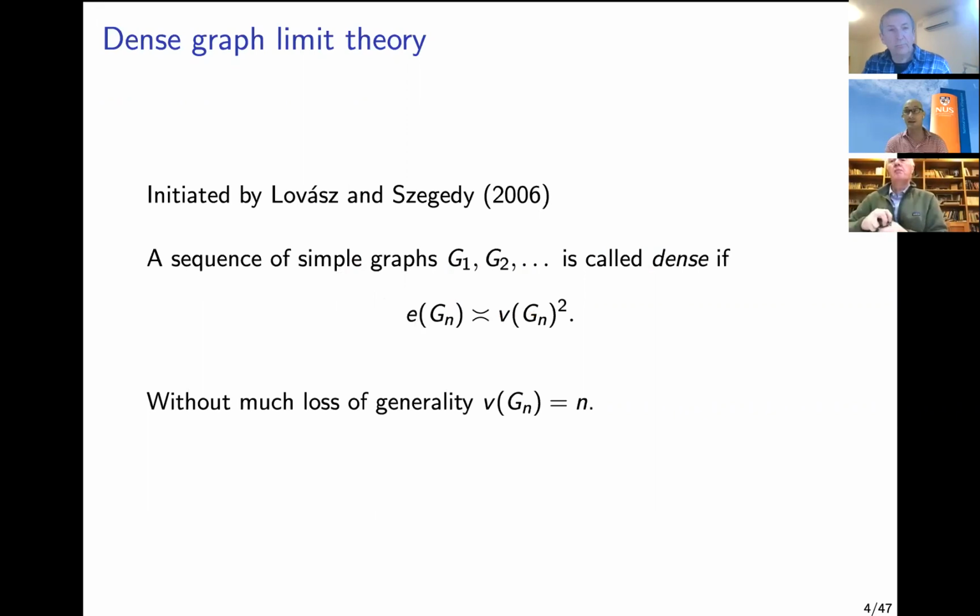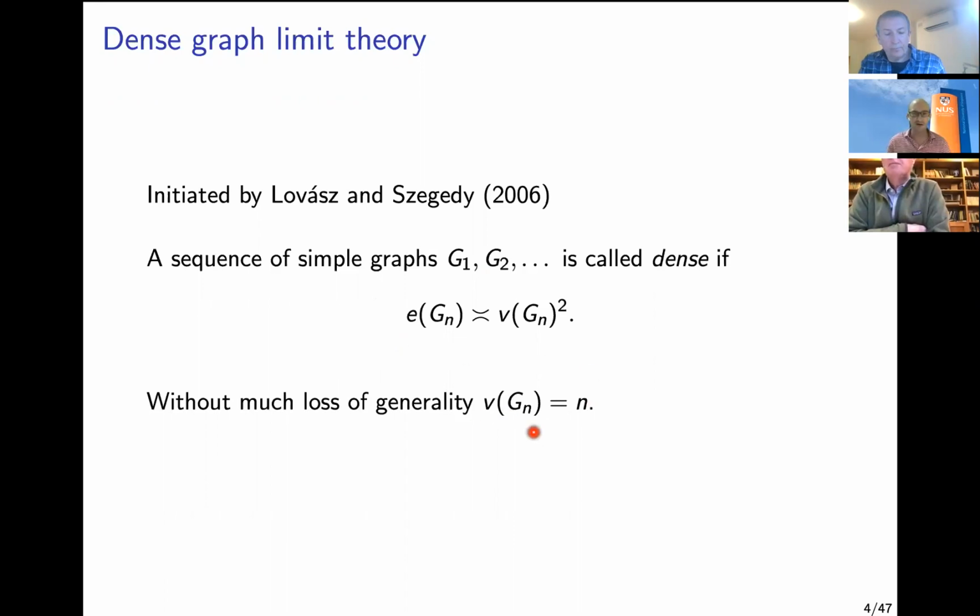And while these graphs are not realistic, because most real networks tend not to be that dense, so the practical applications are limited, mathematically the theory is most elegant in this dense regime, and so that's a good starting point to develop a theory that I will talk about later.